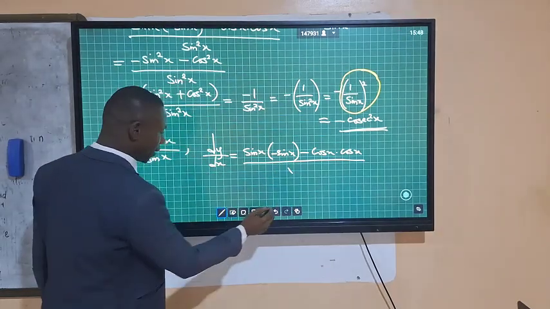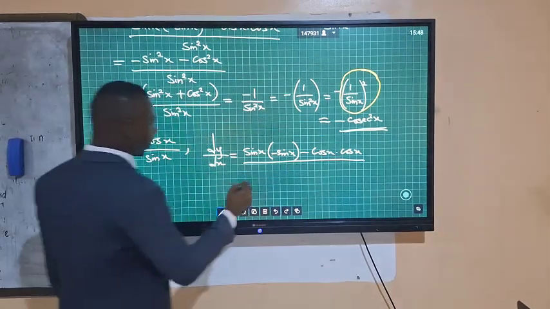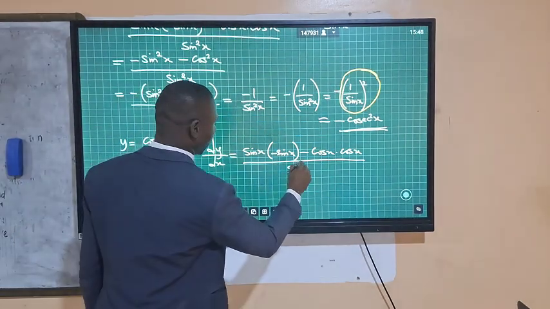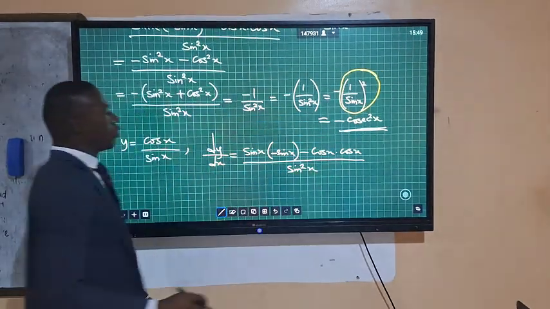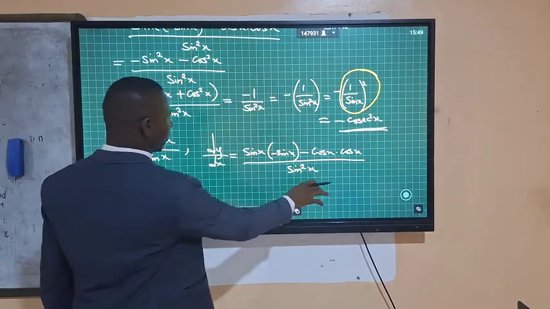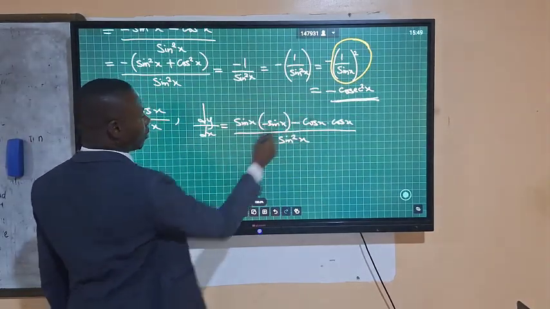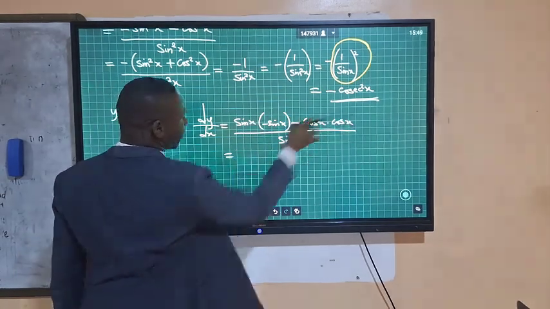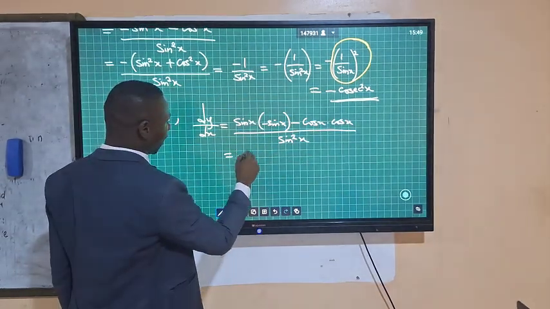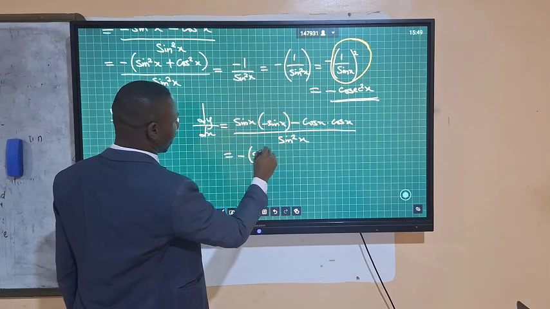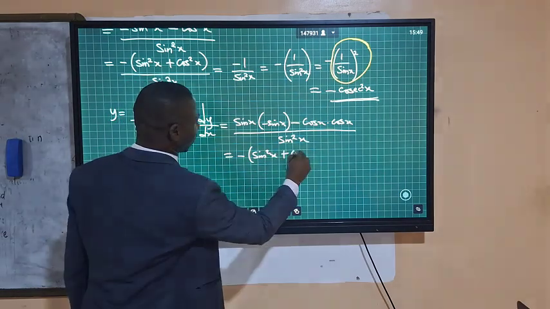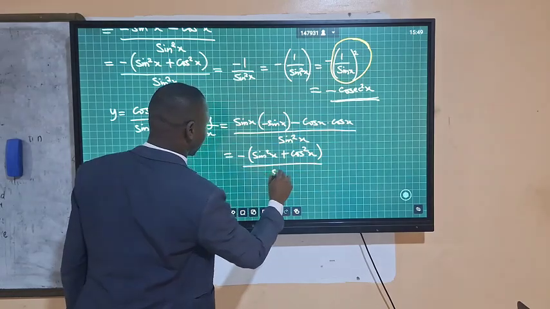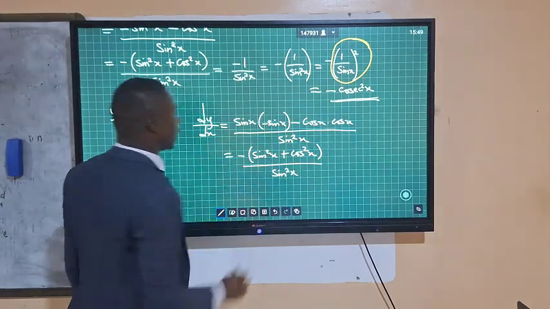squared. So what do we have as our v squared? Our v is sine x, so we have sine squared x. From a previous explanation, you can believe with me that simplifying the numerator, you have minus, outside, sine squared x plus cos squared x, over sine squared x.